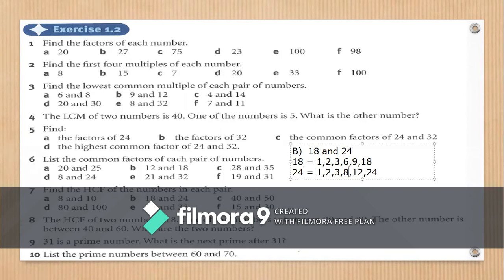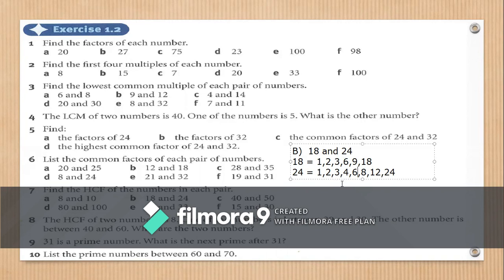And 4: 4 multiplied by 6. Then 5, no, 6 and 7, all are covered here. So these are the factors.